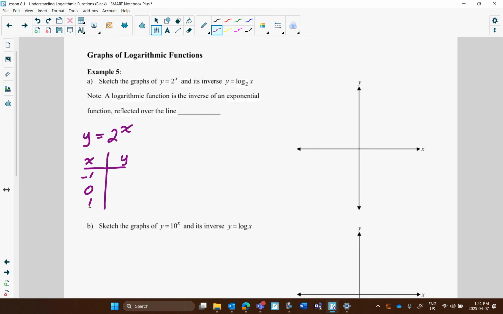Because 2 to the -1 is a half. 2 to the 0 is 1. 2 to the 1 is 2. So that means we get -1 is 1/2. 0 is 1. 1 is 2.